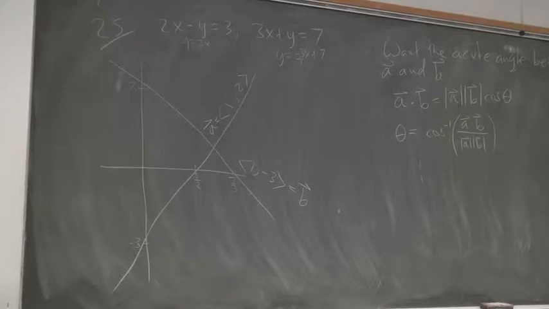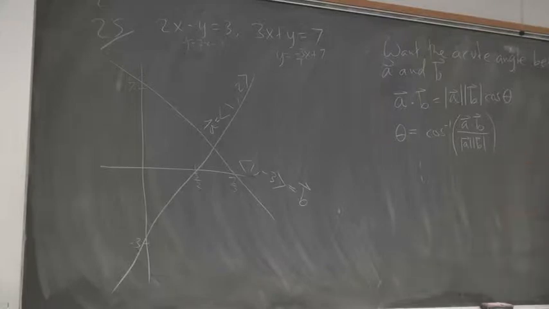If cosine theta is negative, couldn't you find the reference angle within the domain? You could, yeah. For example, if it's negative pi over 3, that's the same as finding the cosine of 2 pi over 3.